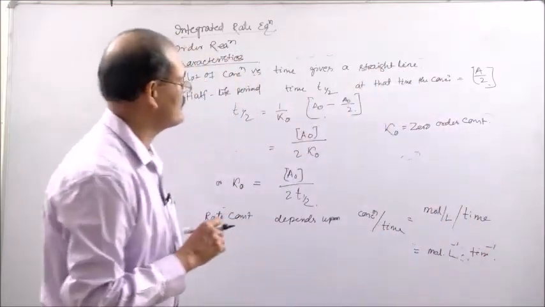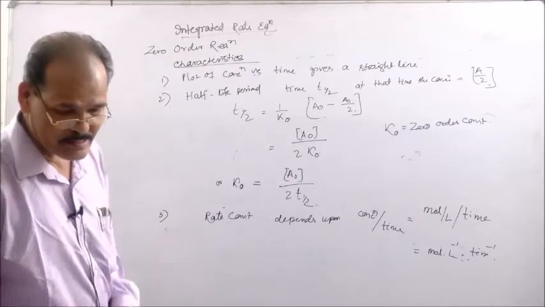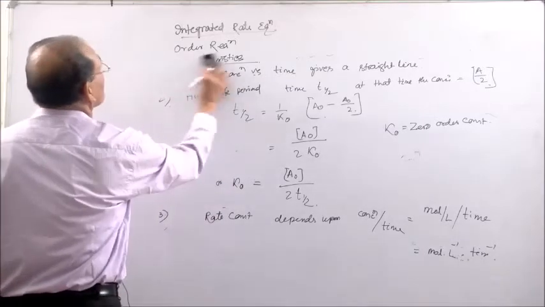So three points are necessary for the characteristics of zero order reactions. Now, coming to first order reactions.